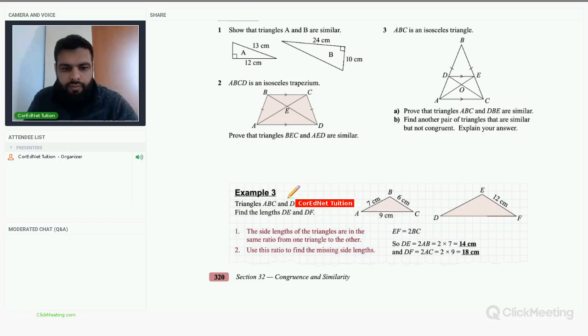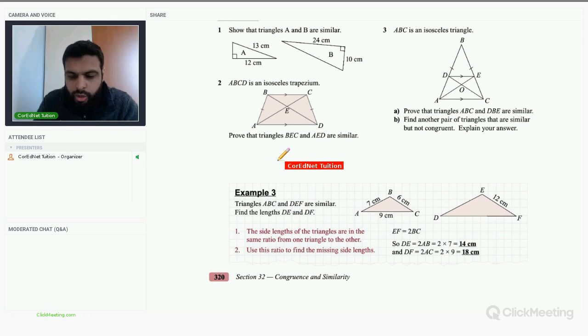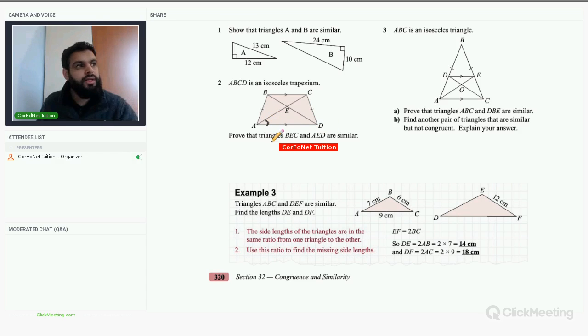Just be very careful, guys, when you are specifying your angles. If I want to specify this angle, how would you specify that angle? What's it called? If you write something in your exam and you don't call that angle by its correct name, you will confuse the examiner.